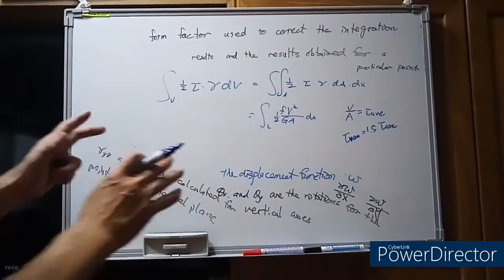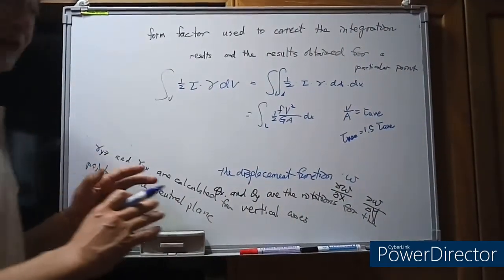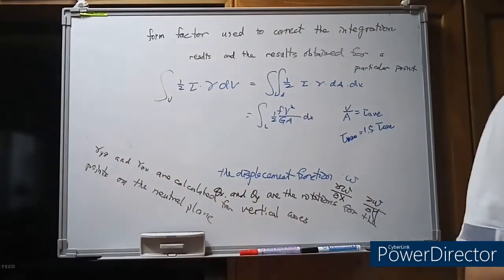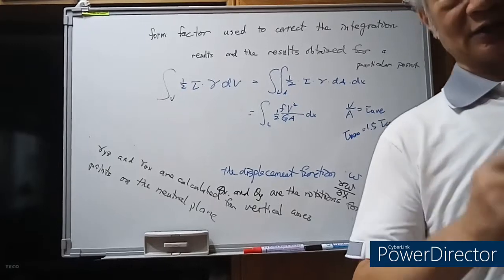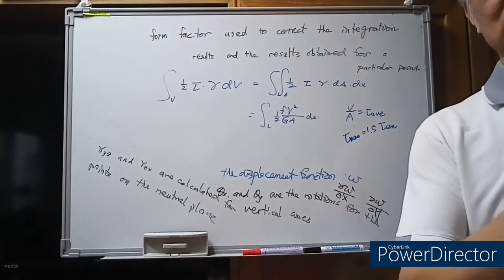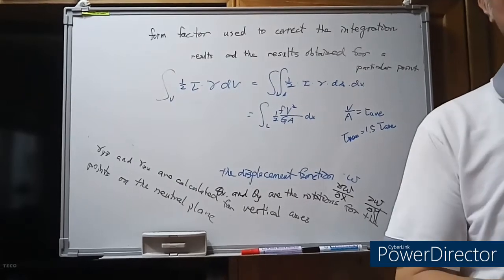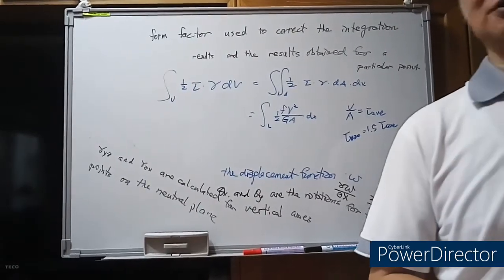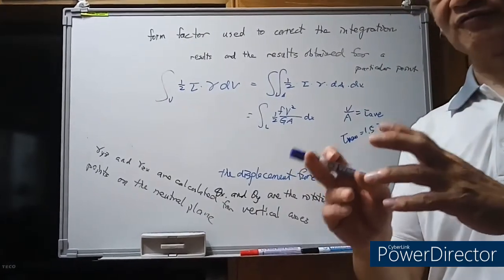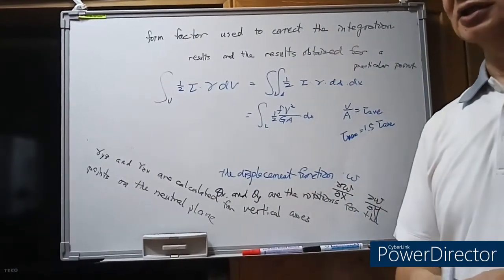Okay, so we have a similar concept not only for the frame elements, but also for the plate bending elements. When we calculate the strain energy due to the shear strains, we need a correction factor. And most of the time, we will put the correction factor in the D matrix.